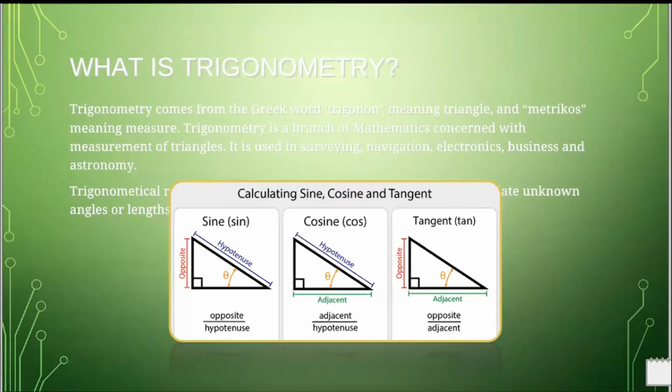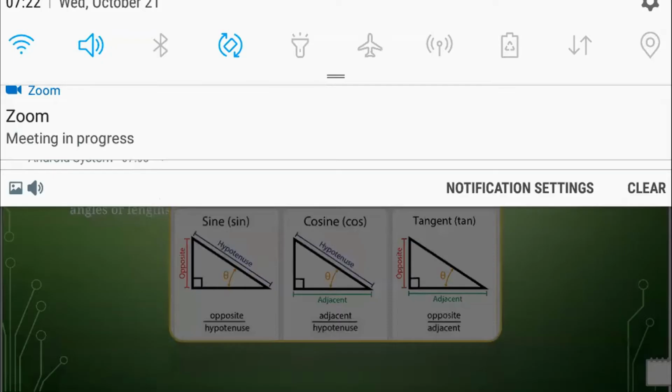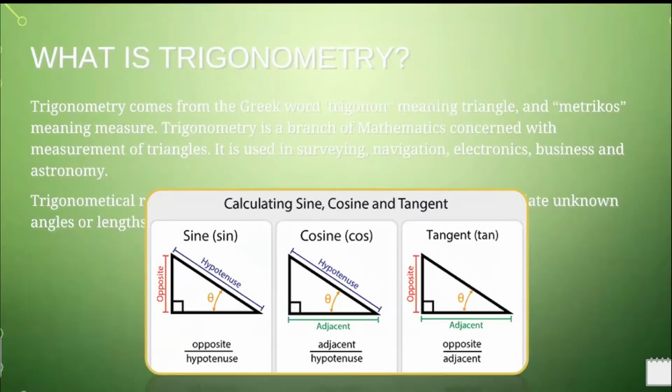Trigonometry comes from the Greek word trigonon, meaning triangle, and metrikos, meaning measure. Trigonometry is a branch of mathematics concerned with measurements of triangles. It is used in surveying, navigation, electronic business, and astronomy. Thank you very much, Tamika.